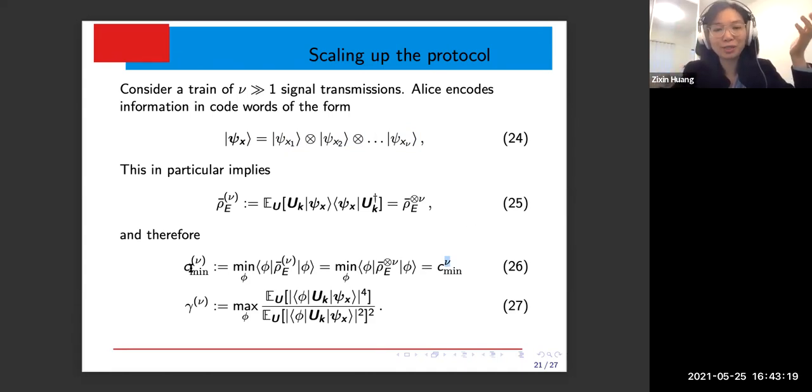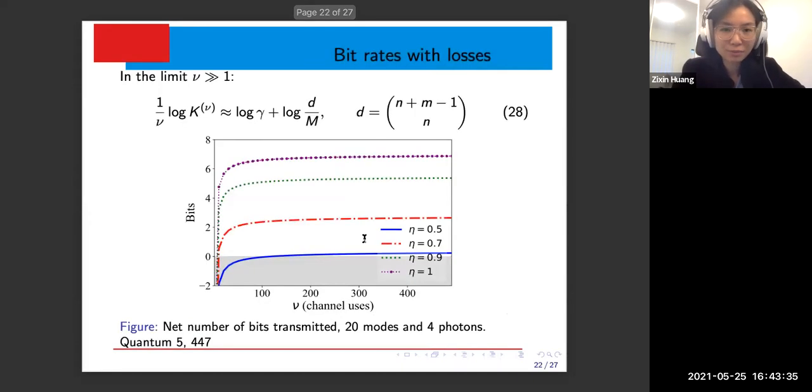So the parameter C ends up being C to the nu, and if you have a parameter gamma, it becomes gamma to the nu. So when you take a log of these, you end up adding these together. Which is to say that this protocol scales up pretty nicely, and everything applies, and everything works.